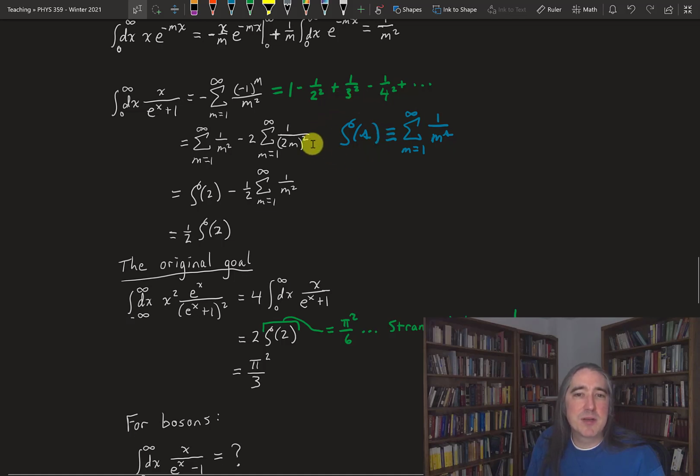Well, I want to connect this to the Riemann zeta function, in part because the Riemann zeta function is so cool, and in part because everyone else does it. But also there's some neat tricks for calculating the Riemann zeta function. So we're going to relate this sum to the Riemann zeta function. And how will we do that?